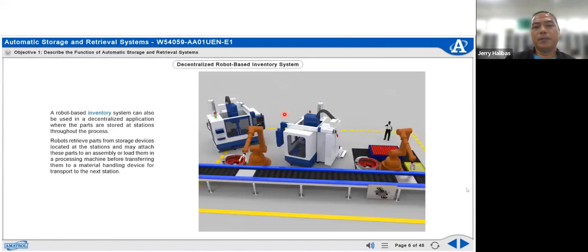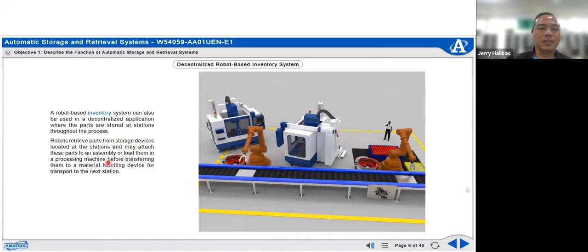Or it can be decentralized, where the parts are stored at stations throughout the process. Let's say this is station 1, this is station 2.